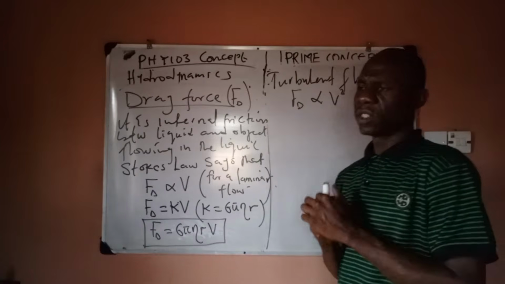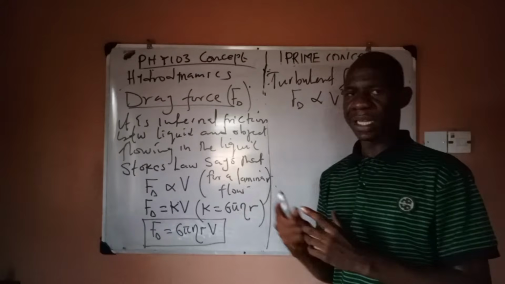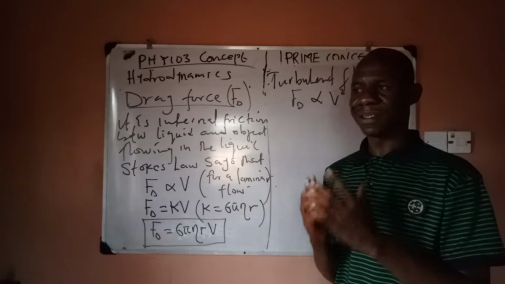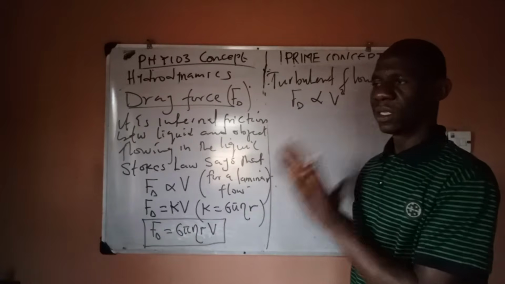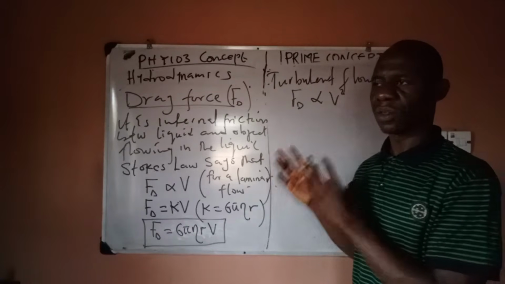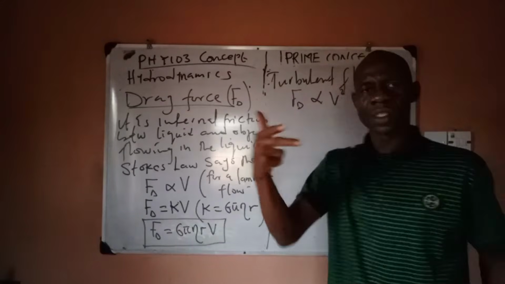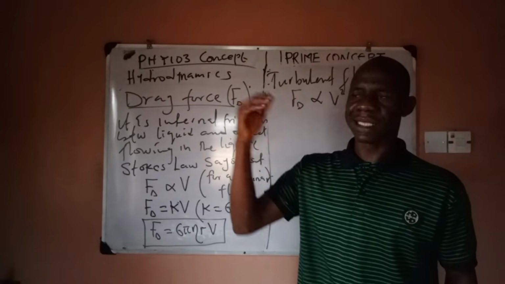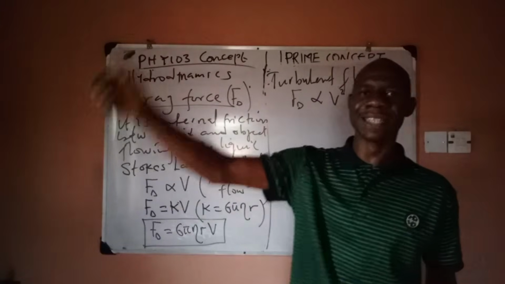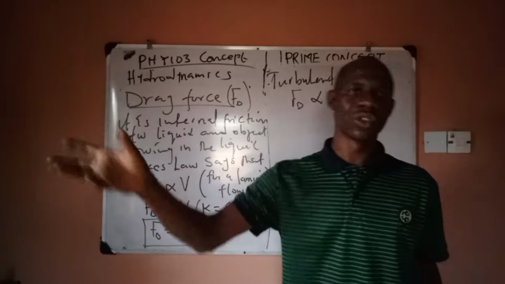Now, if you say a flow is laminar, a flow is turbulent, how do you even know that a flow is laminar or turbulent? Some mathematicians or physicists decided to introduce a constant such that if it is within a particular range, you say the flow is going to be laminar.